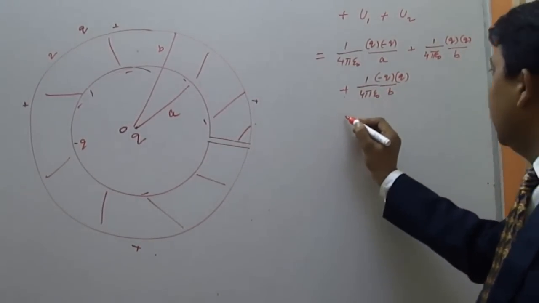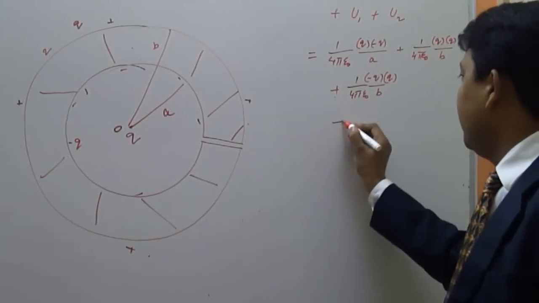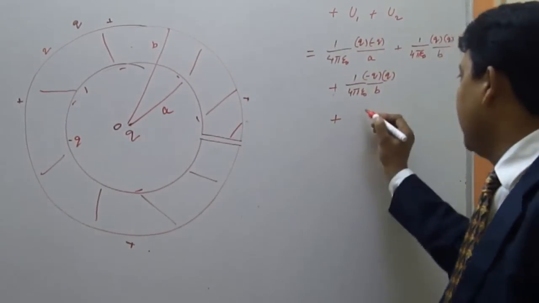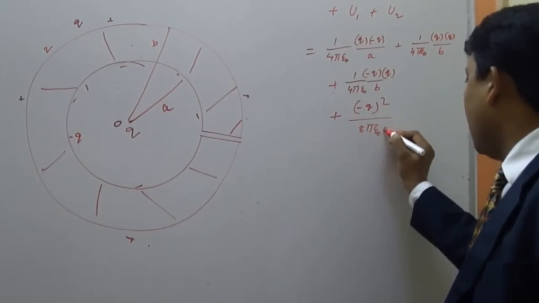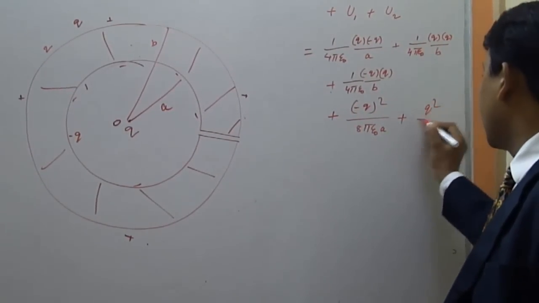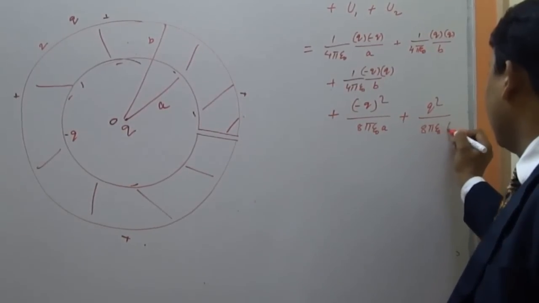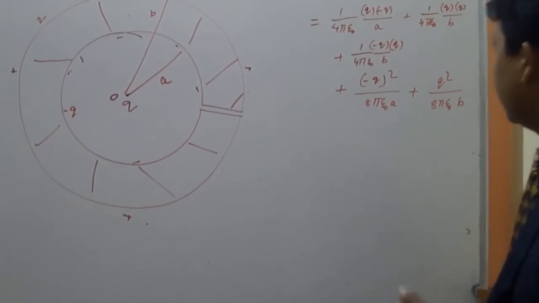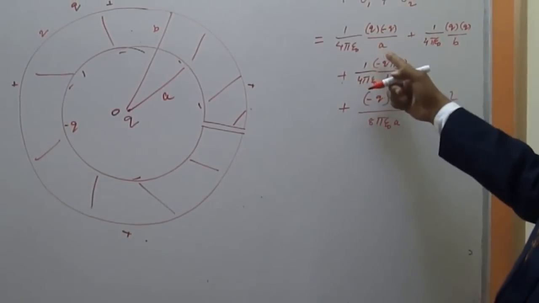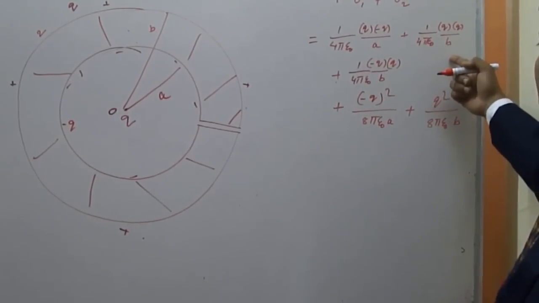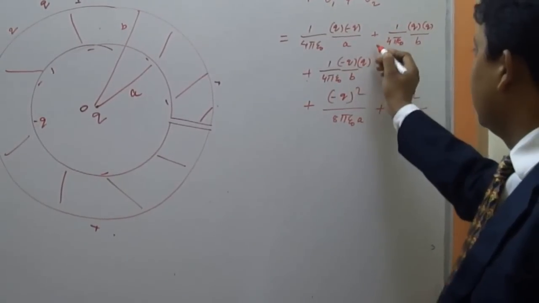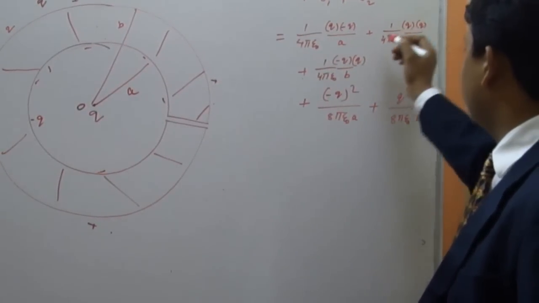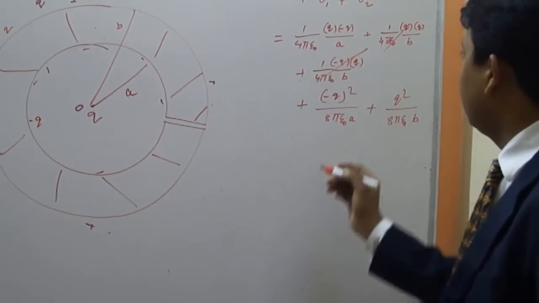And then let us calculate the self energy. For the inner one it will be minus Q square by 8 pi epsilon naught A, and for the outer one Q square by 8 pi epsilon naught B. Let us see which parts cancel out. This is minus Q square by A, this is Q square by B, this is minus Q square by B. So this minus Q square by B and plus Q square by B will cancel out.